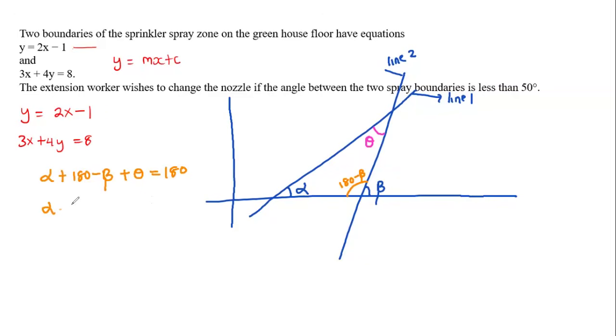We shall have alpha minus beta plus theta equal to 180 minus 180. What do you end up with? Alpha minus beta plus theta equals 0. Because you are interested in the angle between, theta will equal, when I cross this side, beta minus alpha.